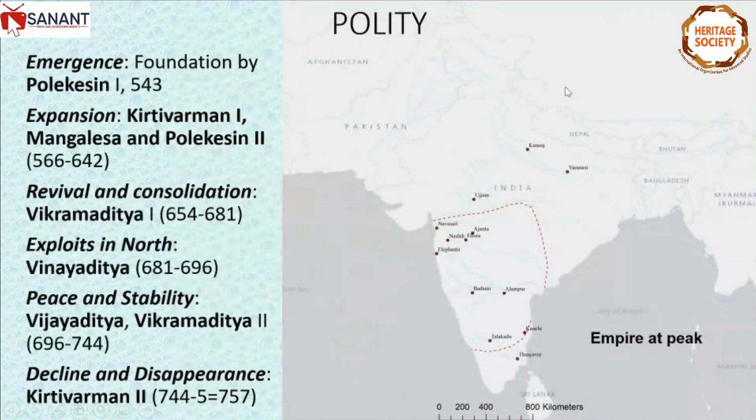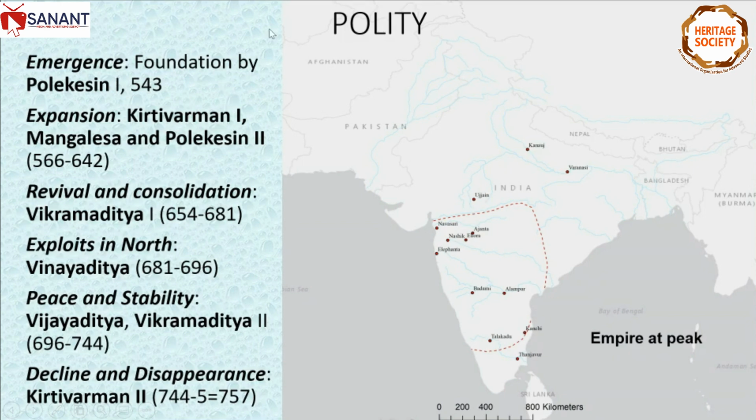Now I will first just highlight the important political events of this dynasty, which has contributed a lot to the development of temple architecture, particularly in stone. The emergence of the dynasty is noticed in 543 CE, when Pulakeshin I founded Badami in today's Bagalkot district of Karnataka as the capital.